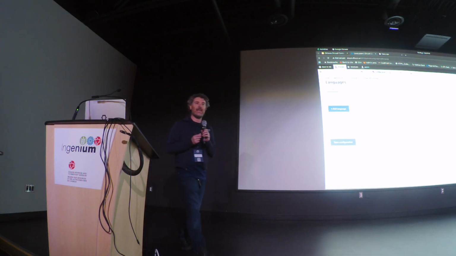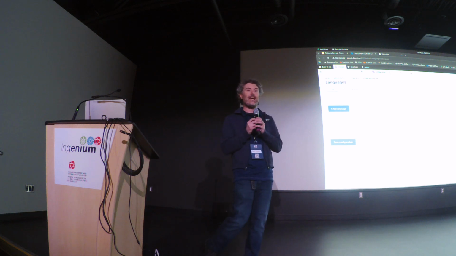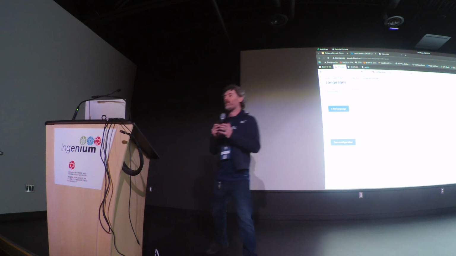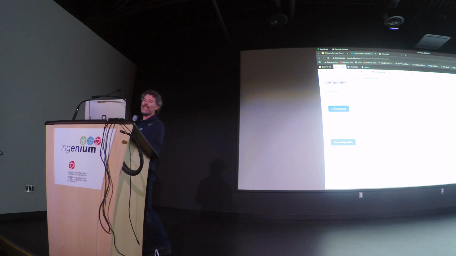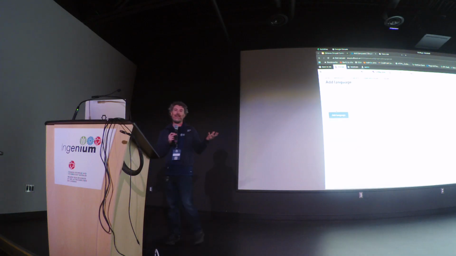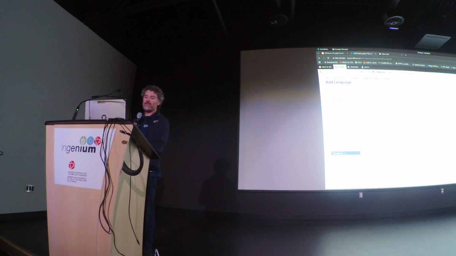And then these are the enabled languages that we can use on our site. If we click Add Language, we can then add support for the language that we want, and then there's a list of all the languages that have translations on Drupal.org.